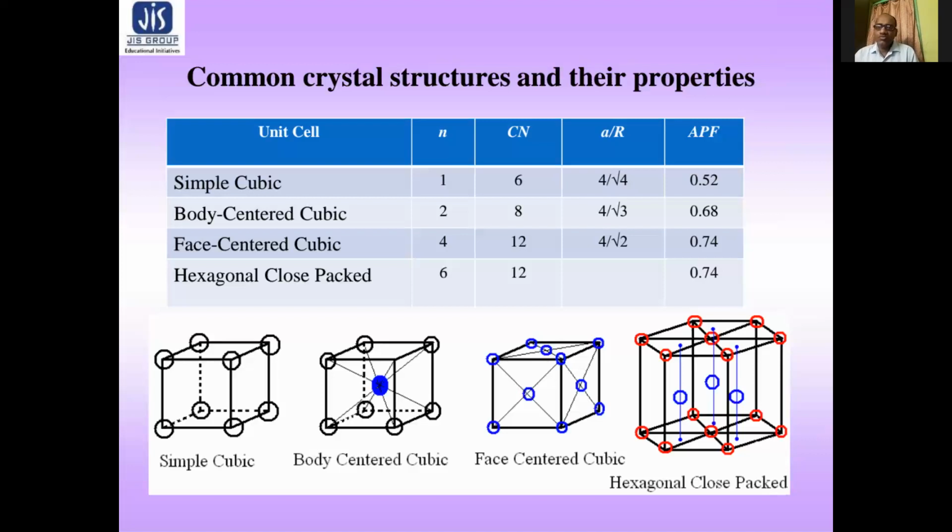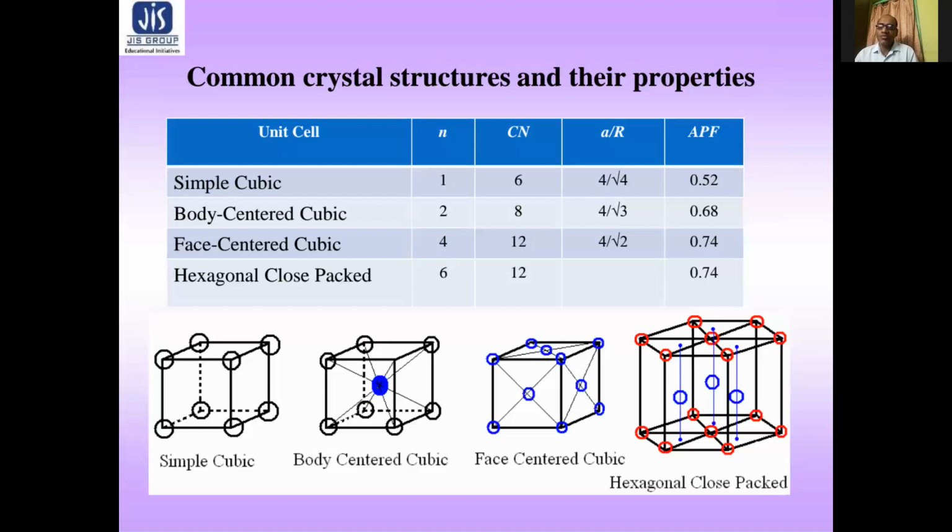In a simple cubic structure, as described, there are a total of 8 corner atoms, and each corner atom contributes 1 by 8 of an atom in a unit cell. In a body-centered cubic, there are 8 corner atoms as shown in this figure, and one complete atom at the center of the body.